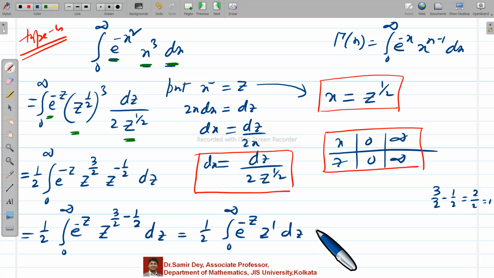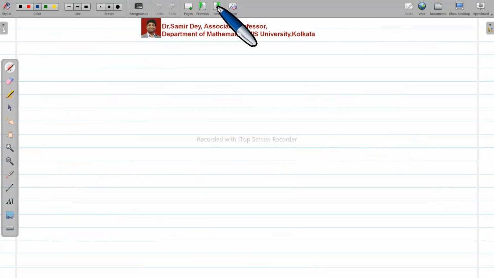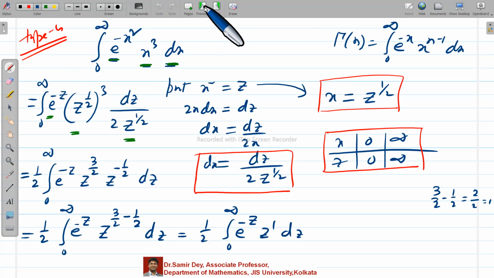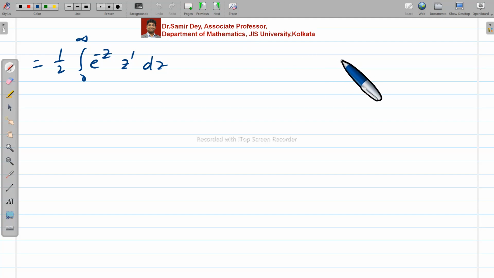That's part by part you need to write. So in the next step we may write 1 by 2 integral from 0 to infinity of e to the power minus z, z to the power 1 dz. What is your target?